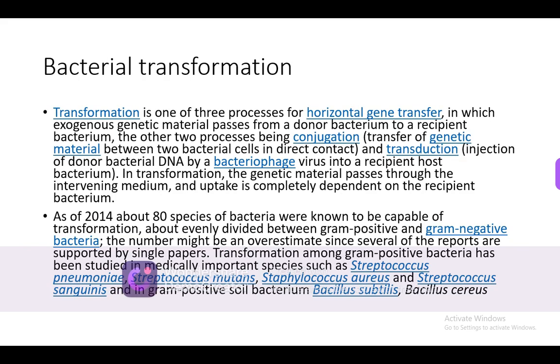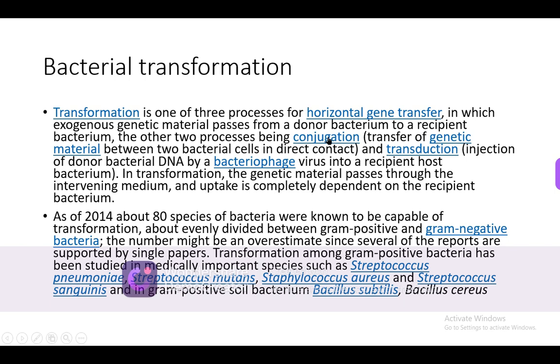Now, bacterial transformation is a very interesting theory, in that bacteria can be transformed. The structure is not fixed. This is called horizontal gene transfer, in which genetic material passes from the donor bacterium to the recipient bacterium.